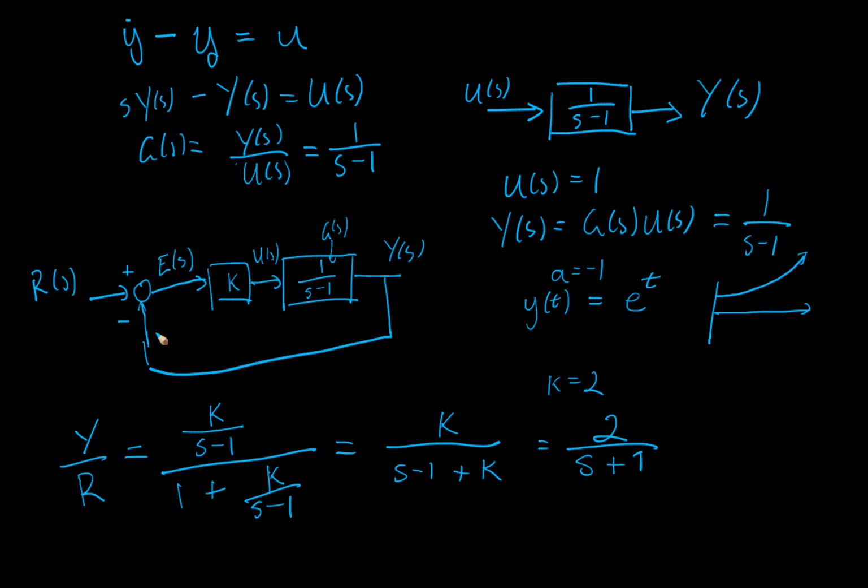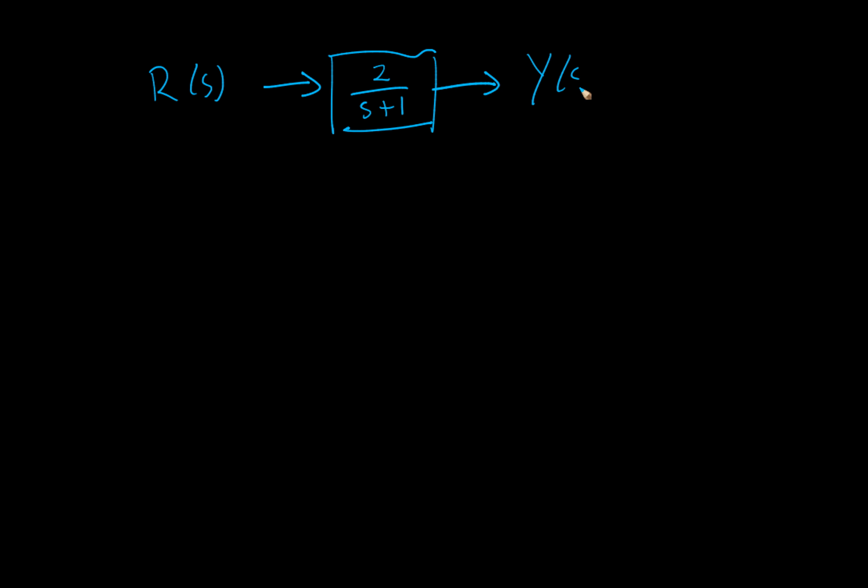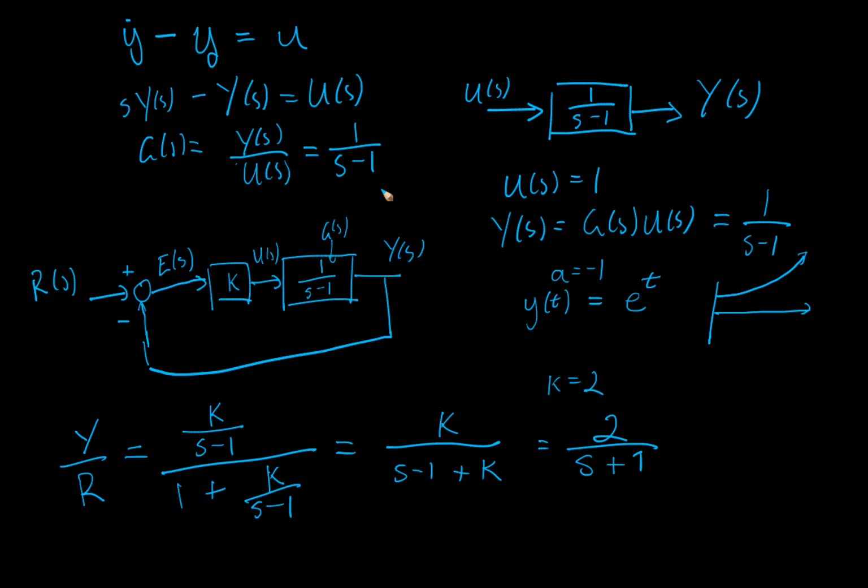So the block diagram reduction of this feedback loop is going to be, let's draw that on a new page, r of s goes into 2 over s plus 1, and that produces y of s. So this is just a reduced form of this feedback loop with k equals 2.